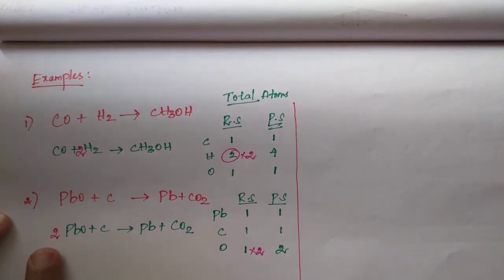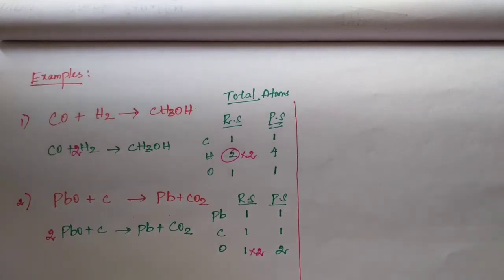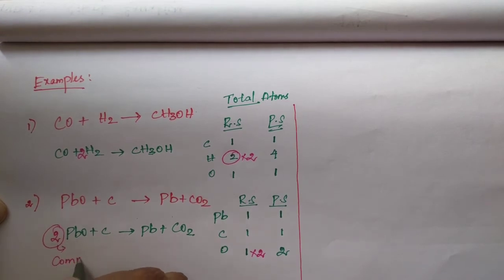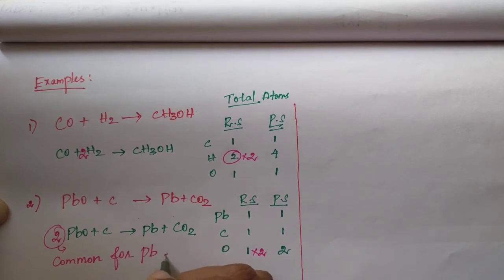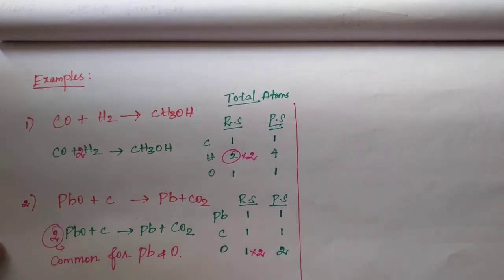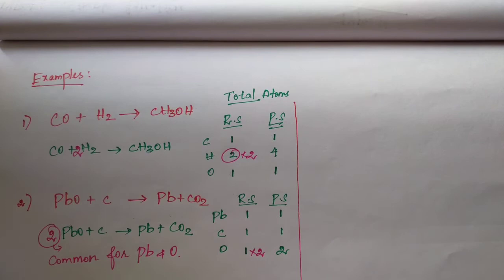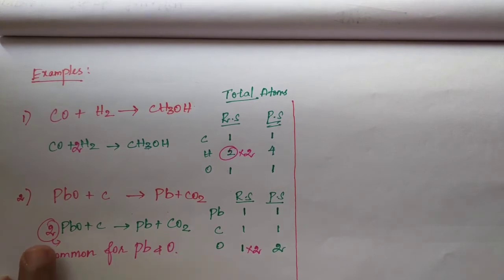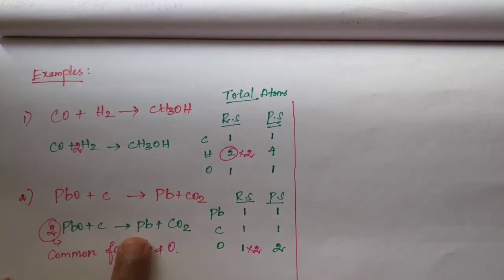If you multiply here by 2, now this coefficient 2 is common for Pb and oxygen. That means 2 oxygen, 2 lead is there. So now oxygen is balanced. Here 2 oxygen means here also 2 oxygen, carbon, carbon. But lead is 2 here and here only 1 lead.